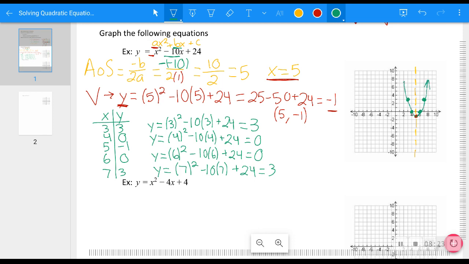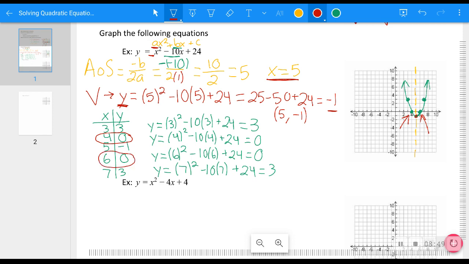So remember from the top, our solutions are where y equals 0. So that's the points where the graph crosses the x-axis. So in this case, you can either look at the graph, and these right here are the 2 points where they cross the x-axis, or if you come back here over to the table, you can look at wherever y equals 0.